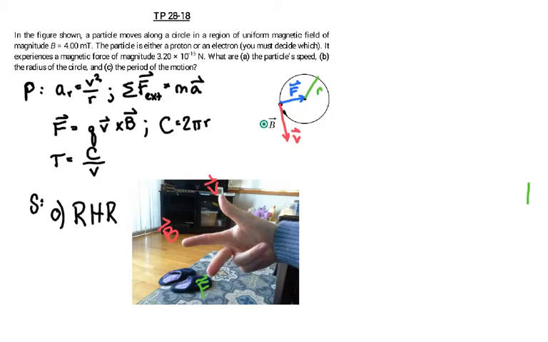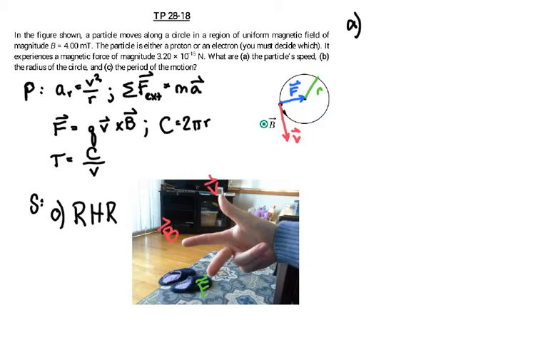Our proton, because it has a positive charge value, works with the right-hand rule perfectly. If you find that when using the right-hand rule your charged particle is not following the right-hand rule, then you're working with an electron. Alright, so now that we've determined that, we now know the sign of the charge on our particle.